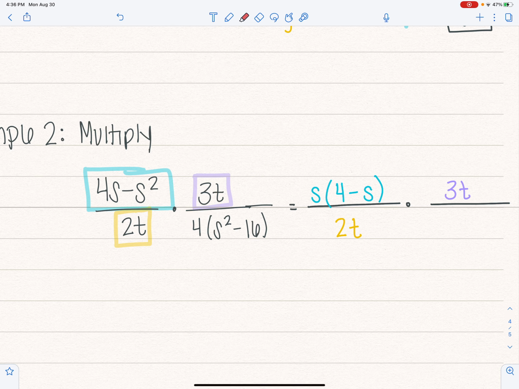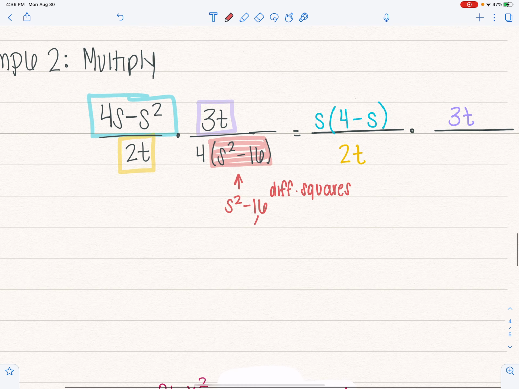Well, 4 is already factored out, so I'm actually just going to factor this part right here. Well, s squared minus 16, hopefully you catch that. That is going to be a difference of squares because I have s squared minus 16, which is the same thing as 4 squared, or 4 times 4.